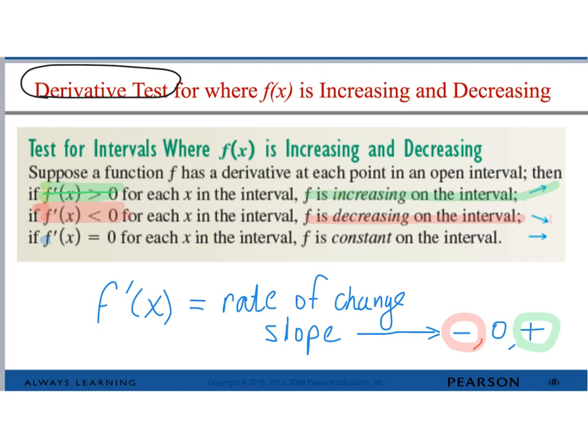And then lastly, if it turns out that the derivative is actually 0 at some point or points, then we know that the function is constant on that interval. In other words, it's not changing, it's not increasing, it's not decreasing. And that's going to turn out to be a really important idea for us as we look for where functions either reach a maximum or a minimum, because those concepts can be very important.